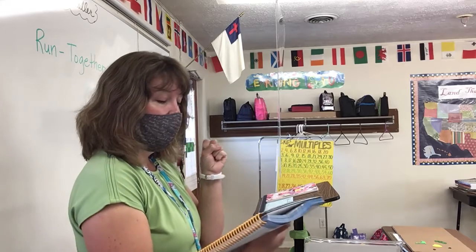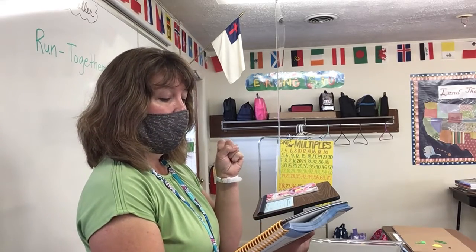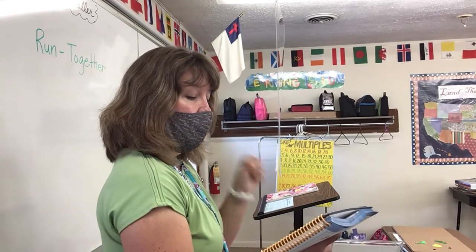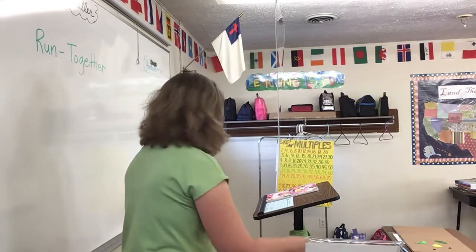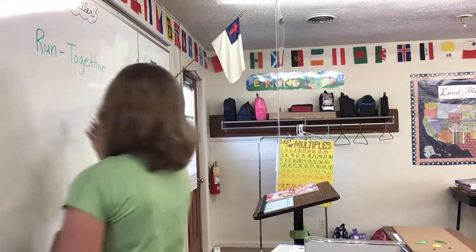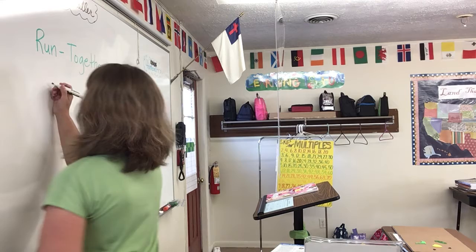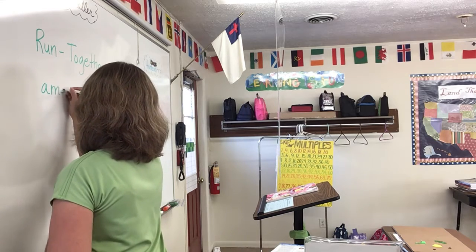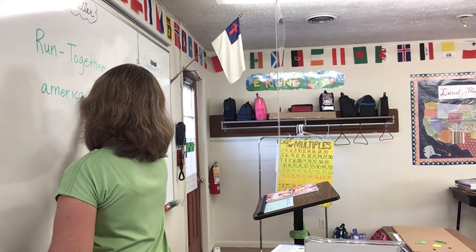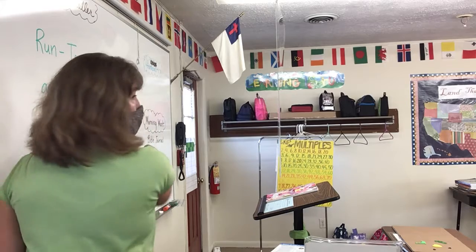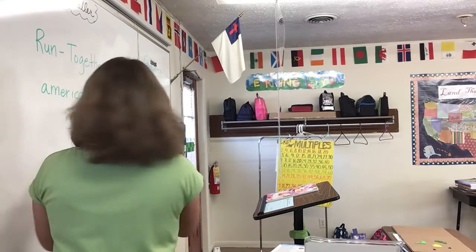Now, we're going to learn a new proofreading mark. So we've learned to capitalize a letter. So for instance, if I was writing America, to capitalize, I put what underneath the A? 3 little lines.